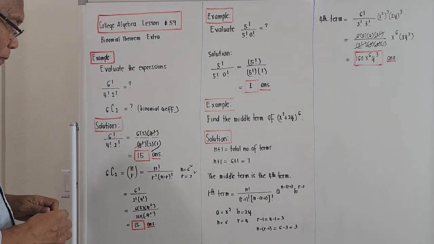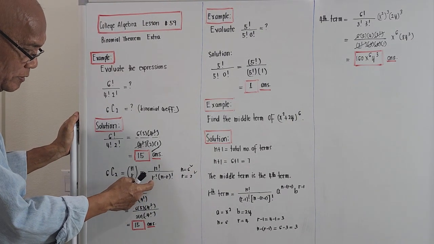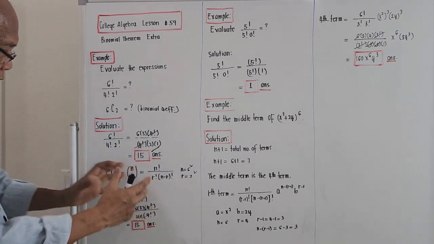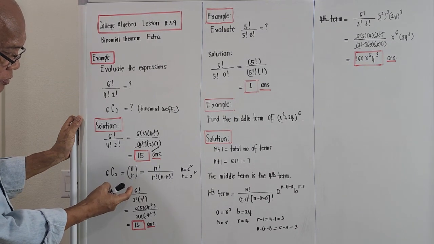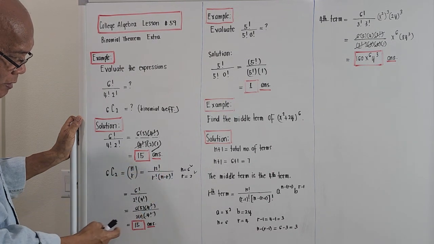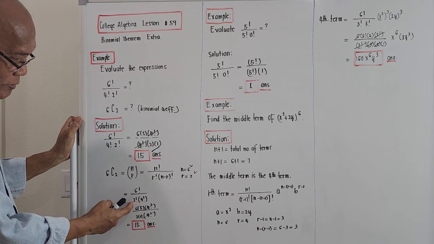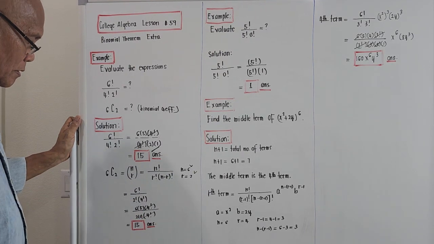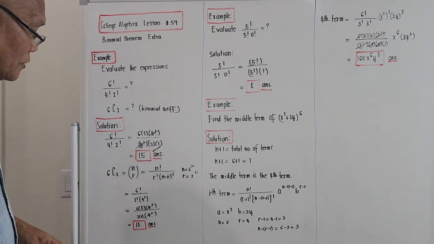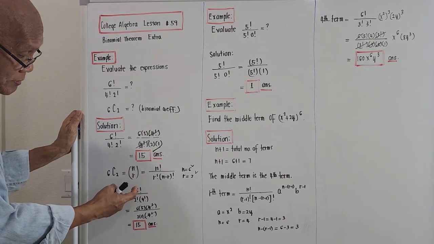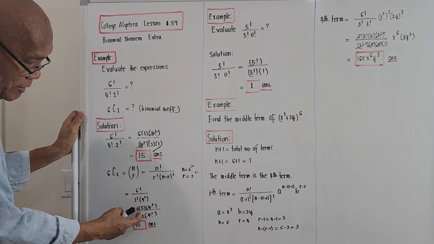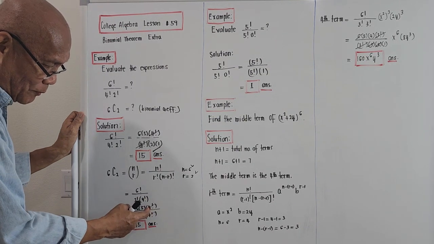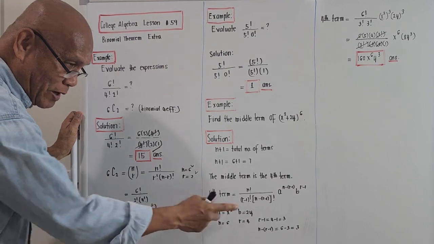If r is 2, n minus r will be 4. Substituting now, this will be 6 factorial all over r factorial, which is 2, and n minus r is 4 factorial. Then make some cancellations again. We rewrite 6 factorial as the product of 6 times 5, and we stop at 4 factorial instead of writing 3 times 2 times 1.